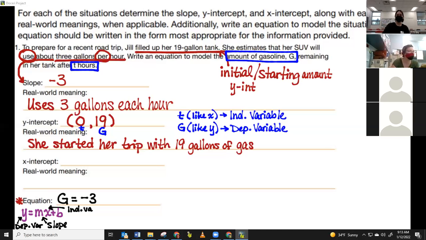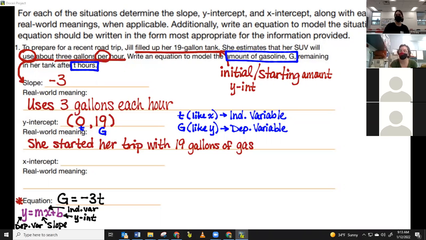What do they want me to use for the independent variable? T, yes. And then last is my y-intercept. What are we going to have at the end?